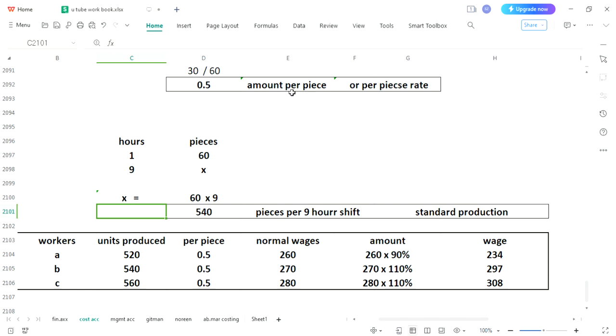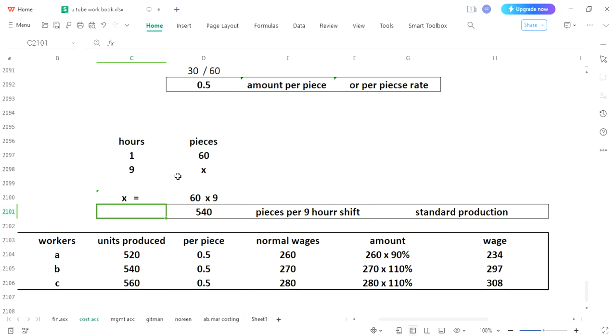For that, the first element needed was the standard production. Without calculating or standardizing your production, you would not be able to judge the worker's capability. That means how would you decide whether a worker had produced more or less than standard? So the first step was to create the standard production, and we chose a very simple way.